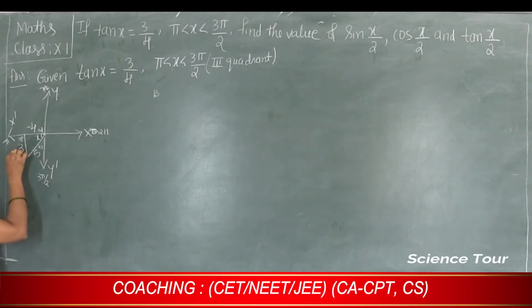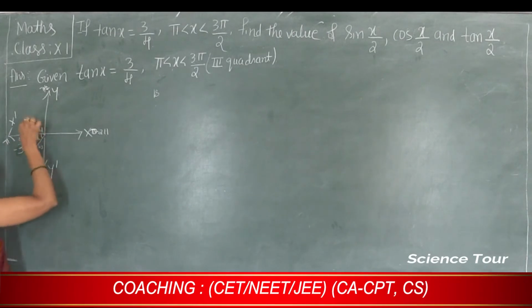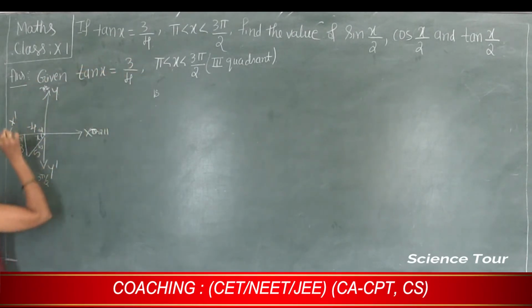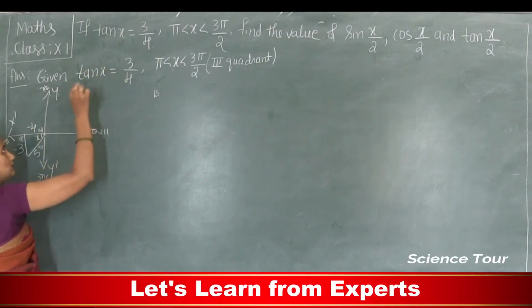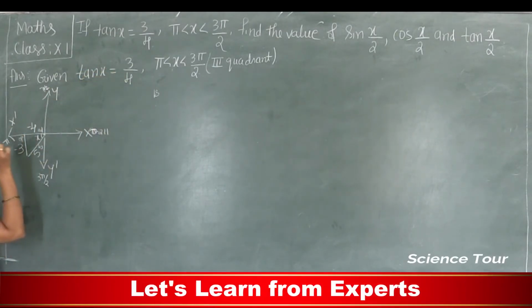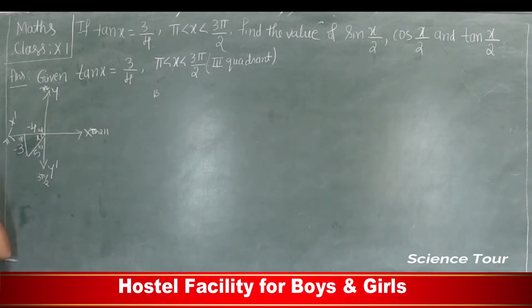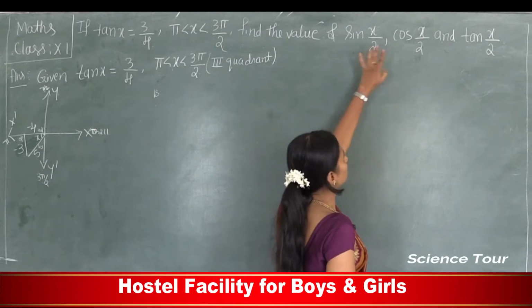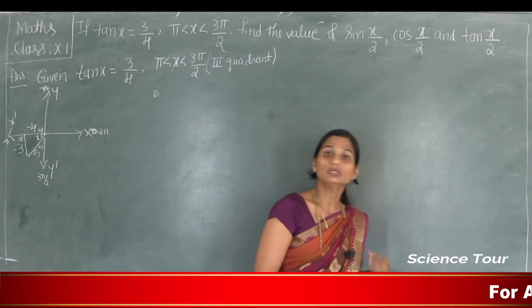So minus 3 divided by minus 4 is plus 3 by 4, and tan in the third quadrant is positive. Is this clear? So now by this you can write any trigonometric function. Clear? Any trigonometric function.